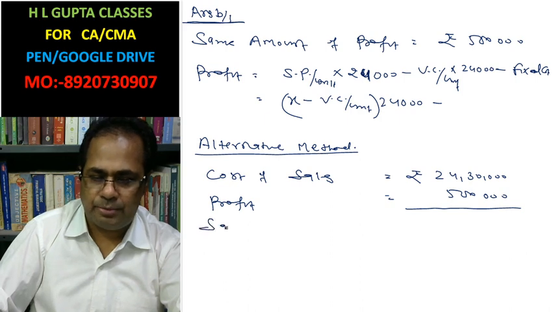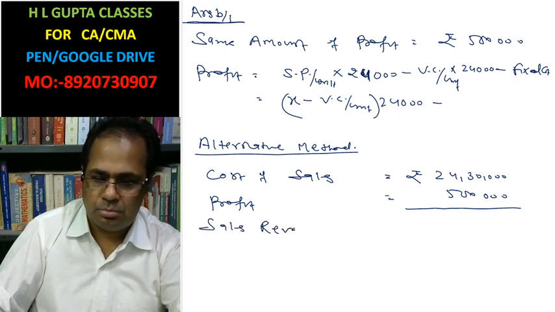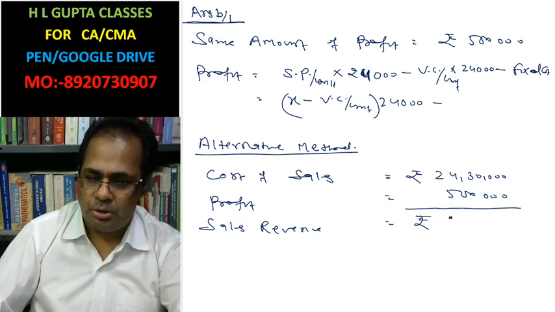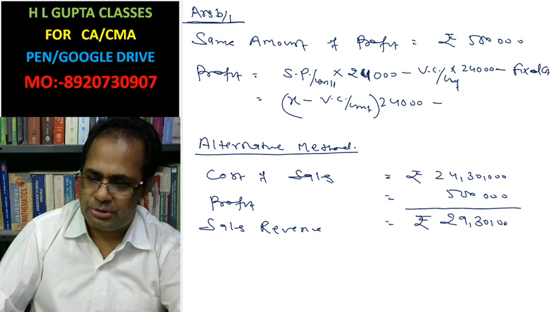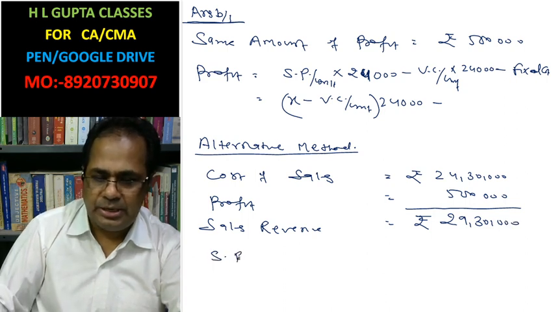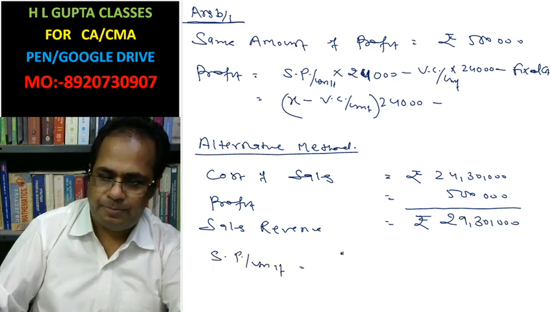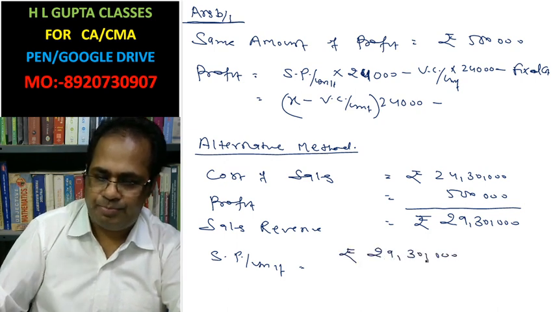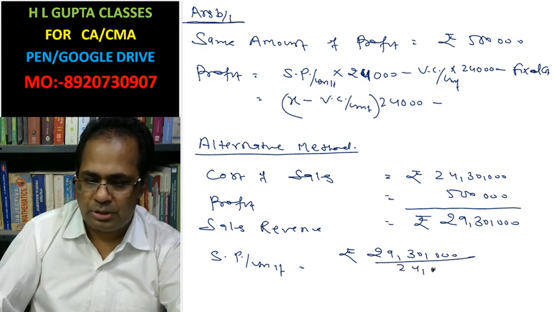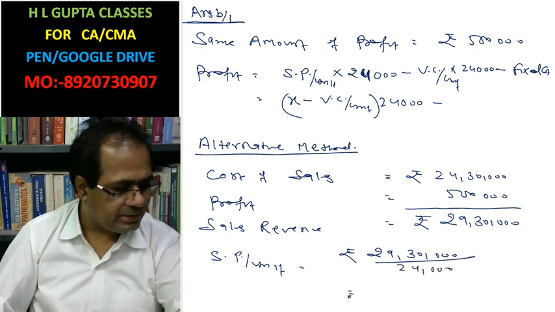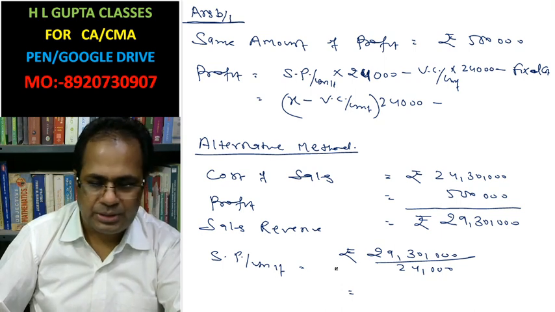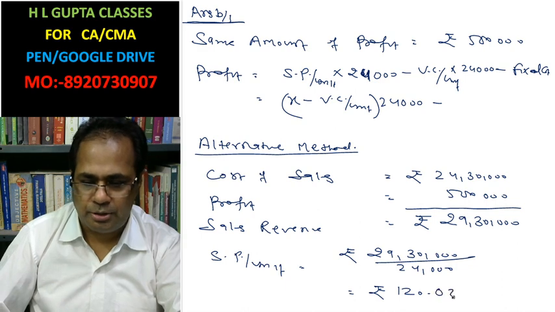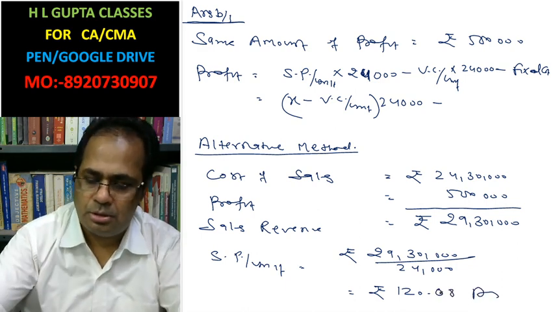Now sales revenue is rupees 29,30,000. Selling price per unit is rupees 29,30,000 divided by 24,000. This is rupees 120.08. This is the answer.